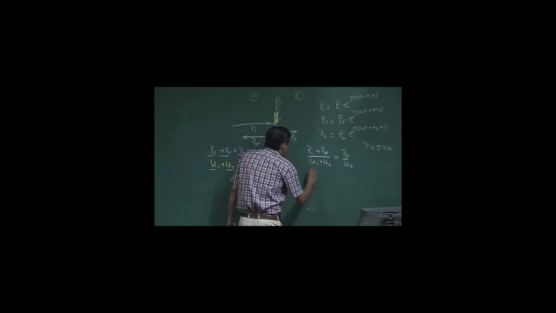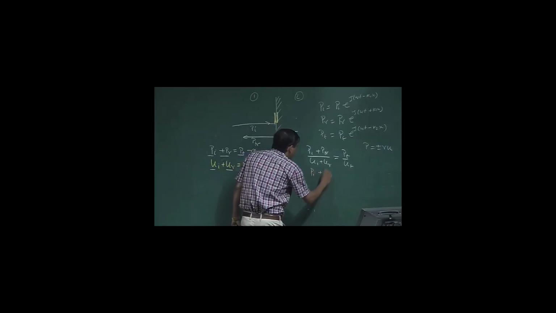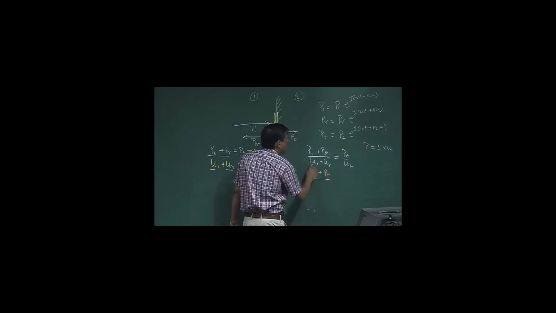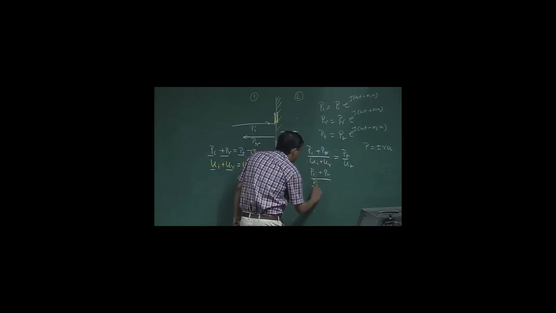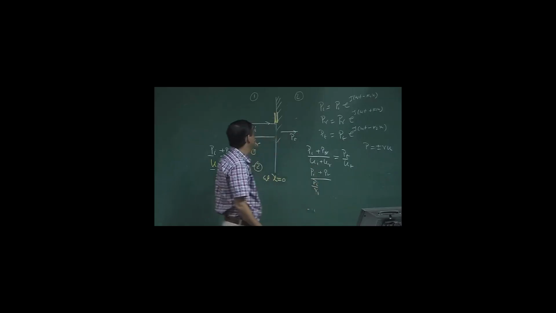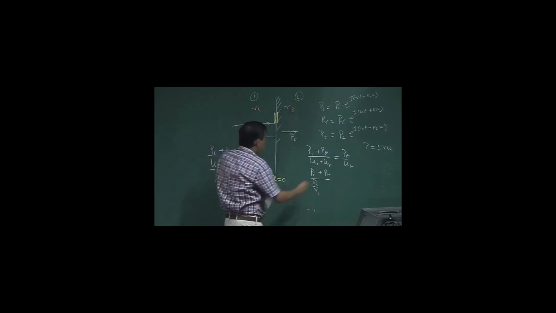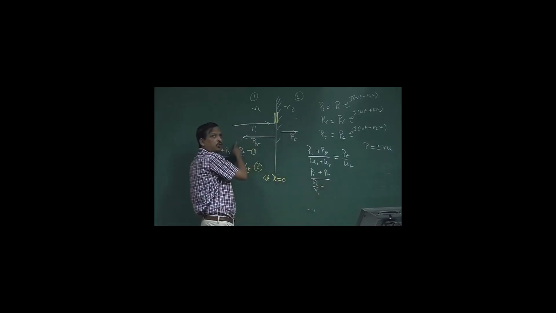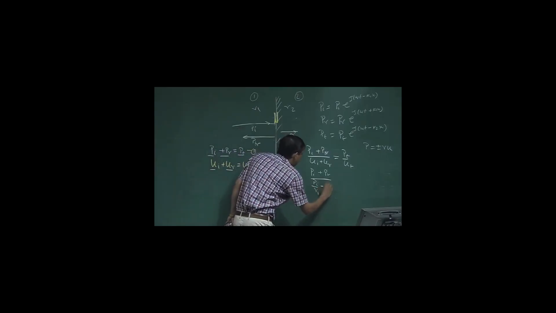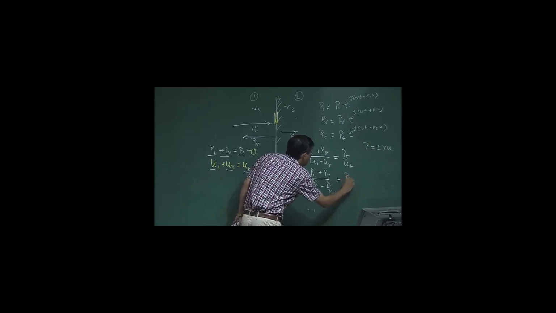So, Pi plus PR divided by what is Ui? Ui is nothing but Pi divided by R1. Same medium, this is R1 and this is R2. For the reflected wave, the direction of propagation is different, so there is a 180 degree phase shift, so minus PR by R1 is equal to PT by R2.